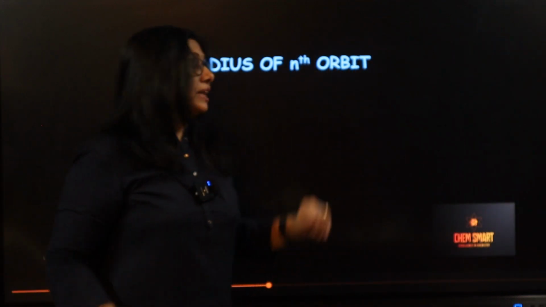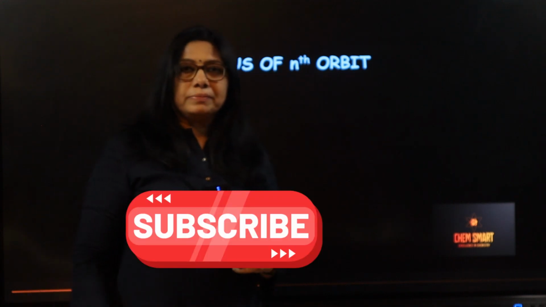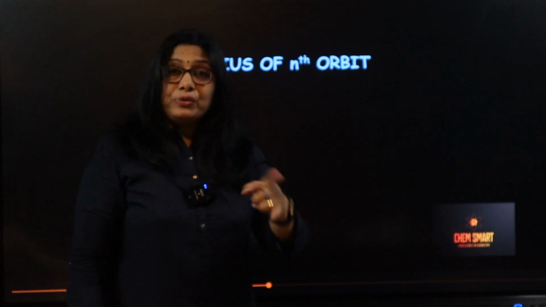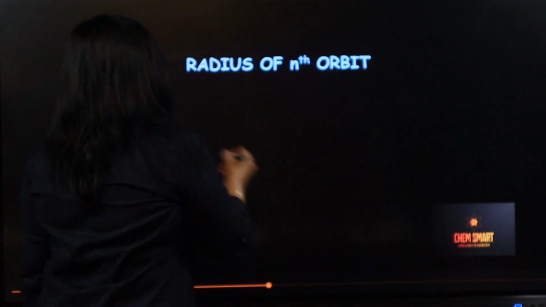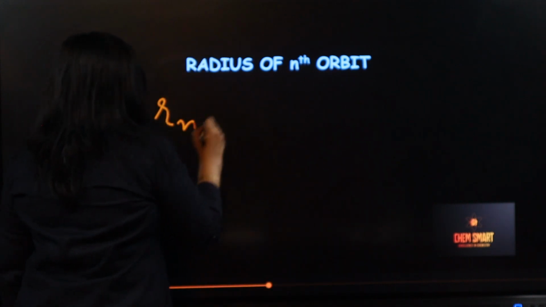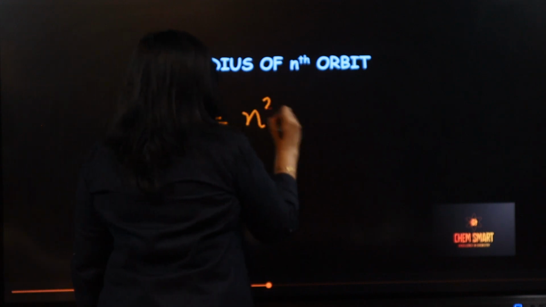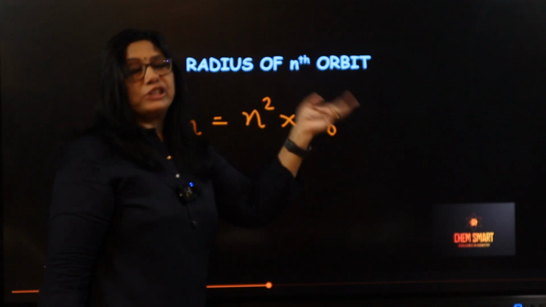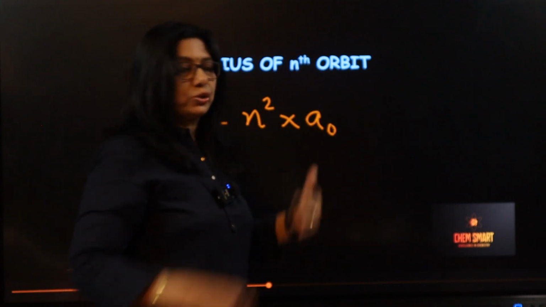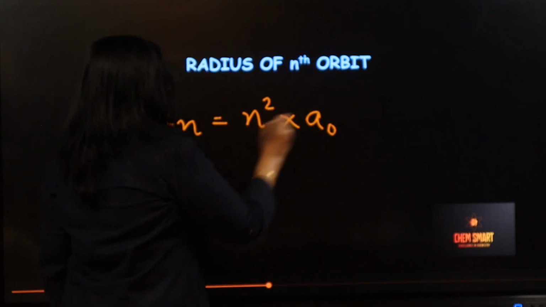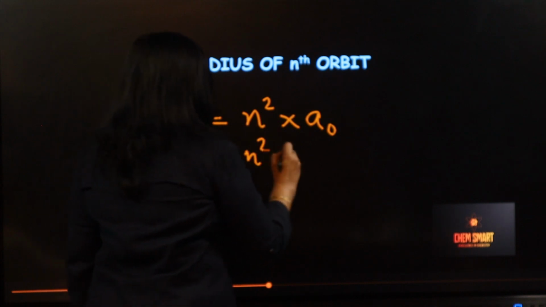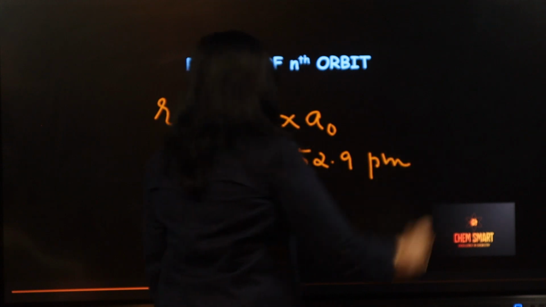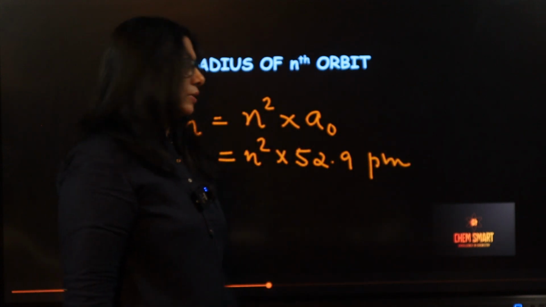Let's see the radius of the first orbit, second orbit, third orbit, etc. If it is hydrogen atom, the radius of the nth orbit is equal to n square into a0. This n is the orbit number. If it is first orbit, n is 1, second orbit, n is 2, and so on, into a0. This a0 is 52.9 picometer.